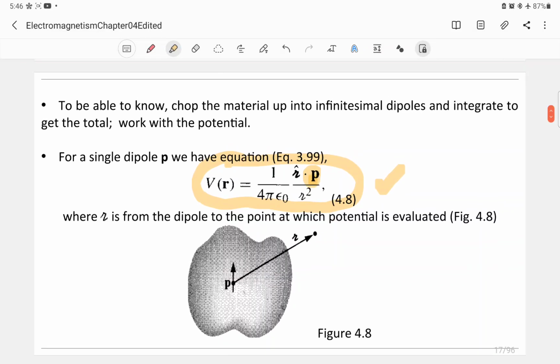The unit vector r here is pointing in the direction from the dipole moment to the point at which the potential is evaluated, and this is just the distance between them.